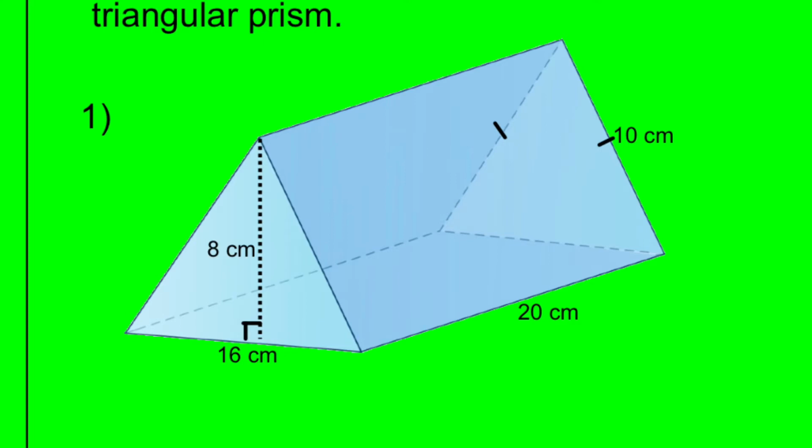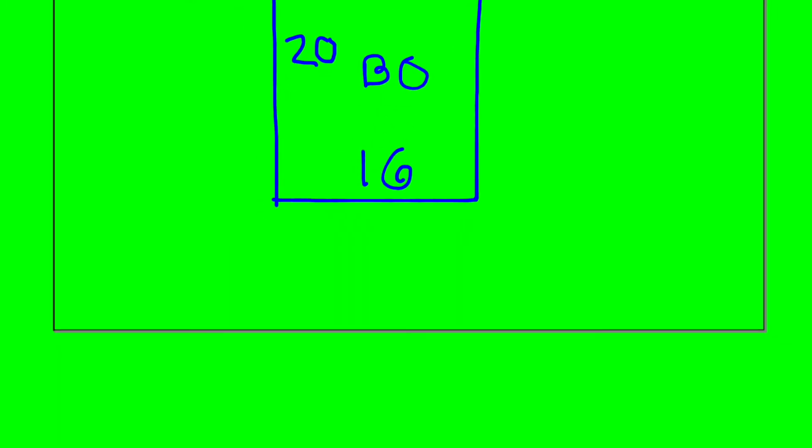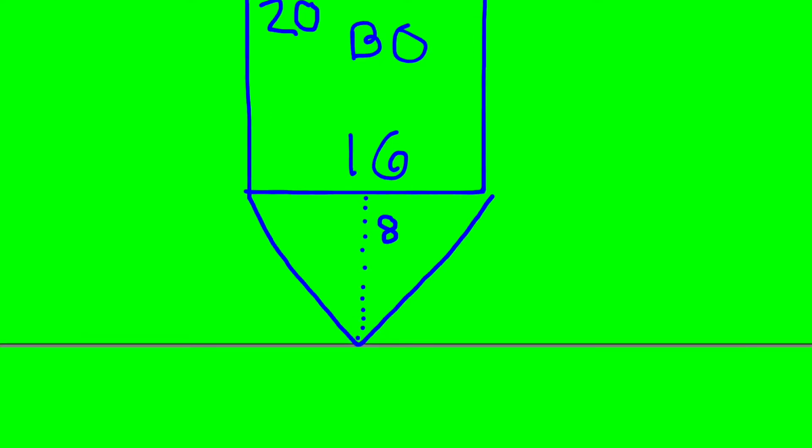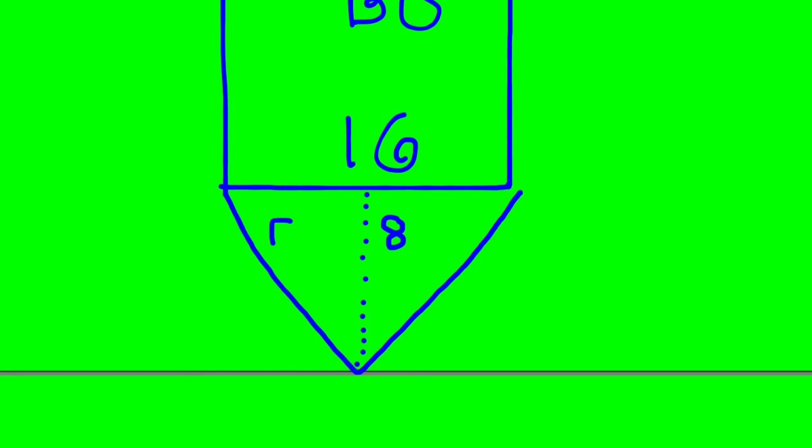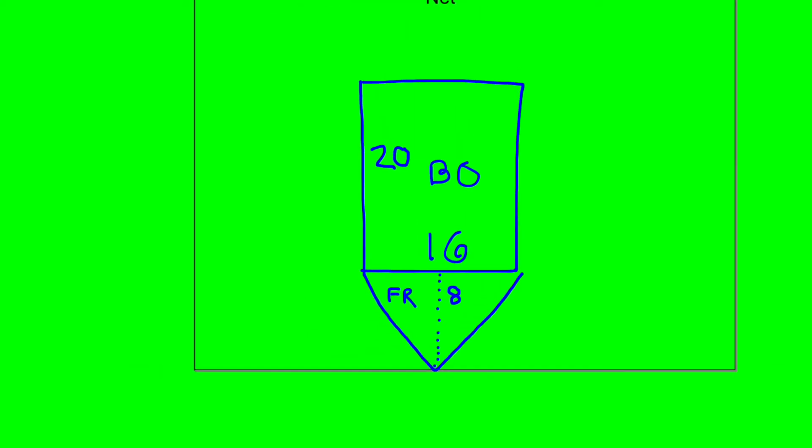So I'm going to go back to my net, and where the bottom is 16 centimeters, I'm going to draw my triangle. And I'm going to label that height of 8. Since it was closest to us, I'll call that FR for the front.